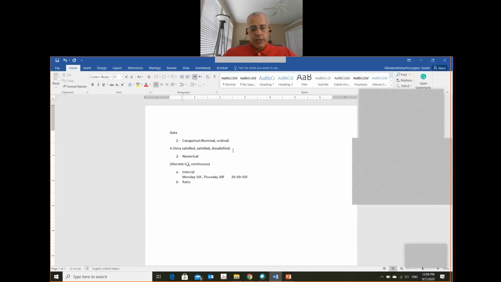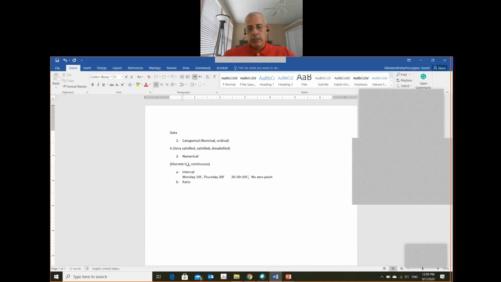But what is missing here is that we don't have a true zero point. This is the main drawback of this data type. For example, when we say today is 0 degrees Fahrenheit, it does not mean we have no temperature.